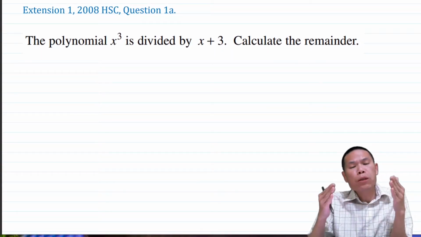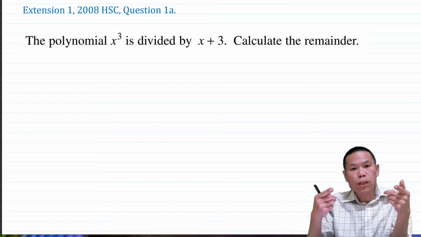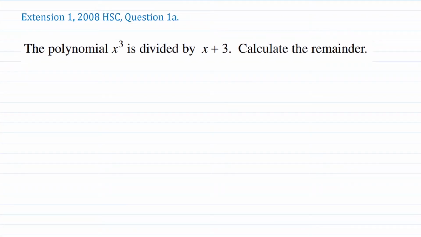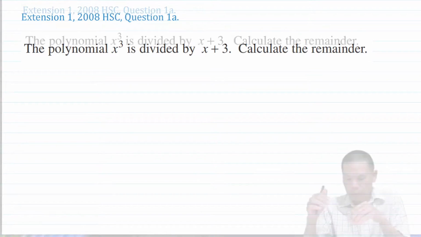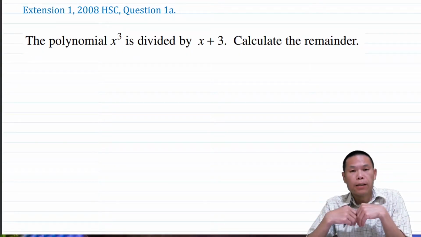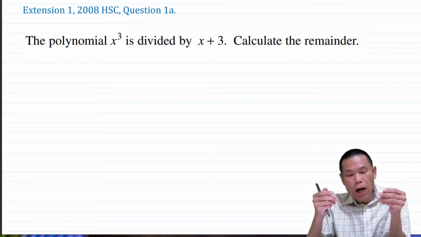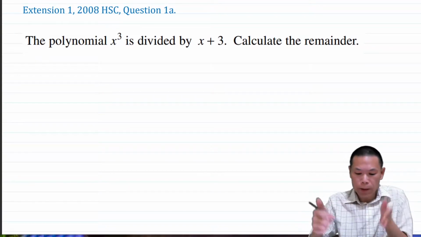Now please pause the video and try this one yourself. Hi, I'm back. Let's see how you go. To find the remainder, we need to find P of negative 3.